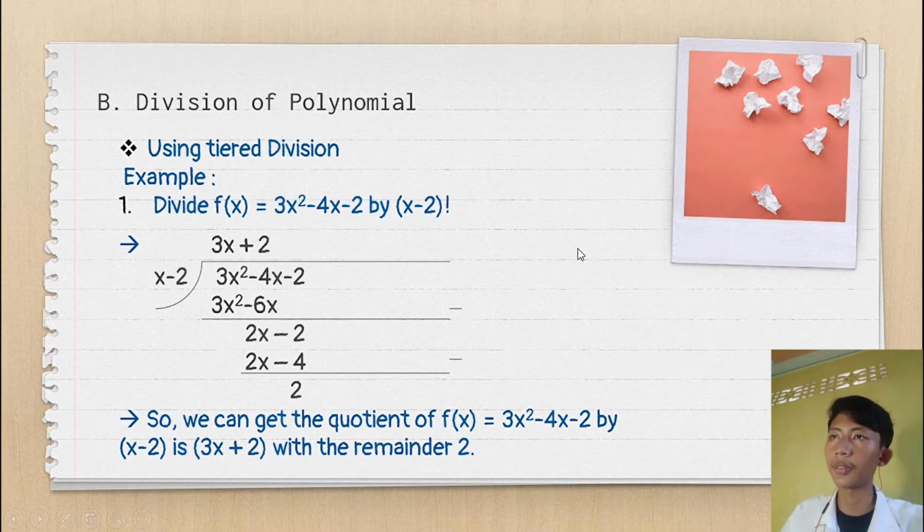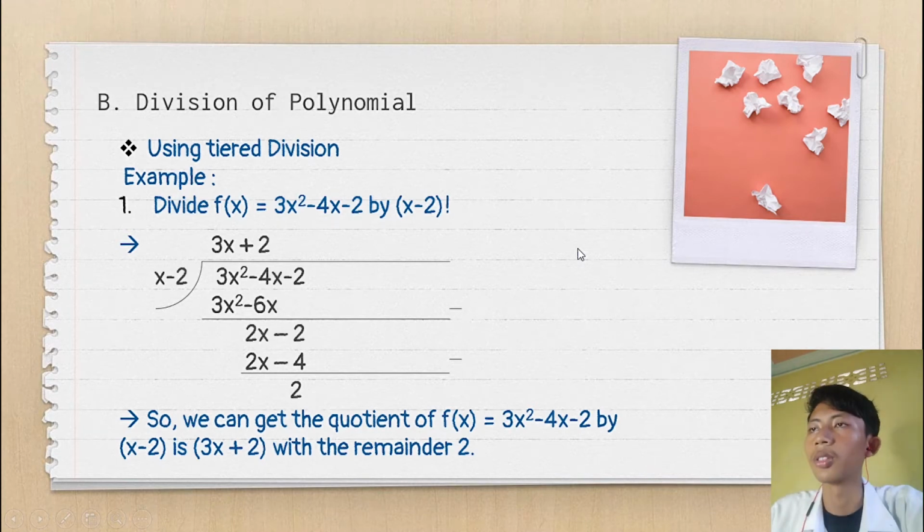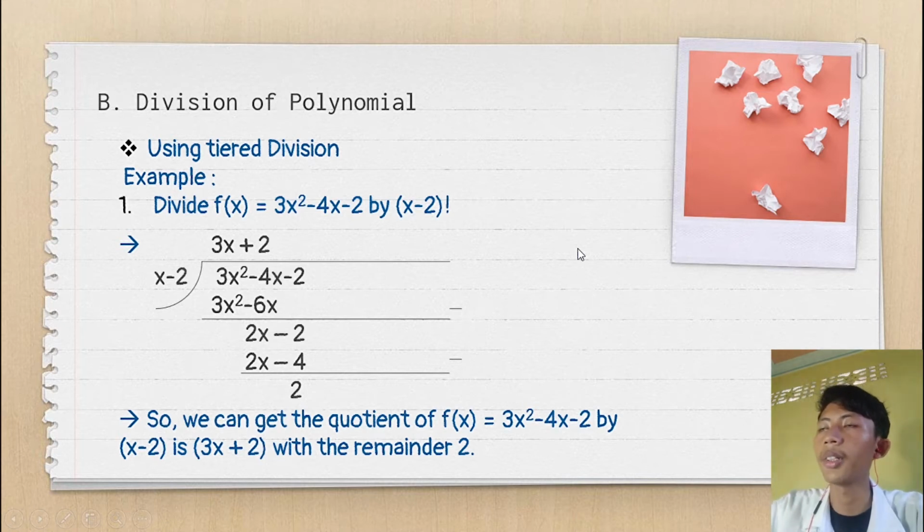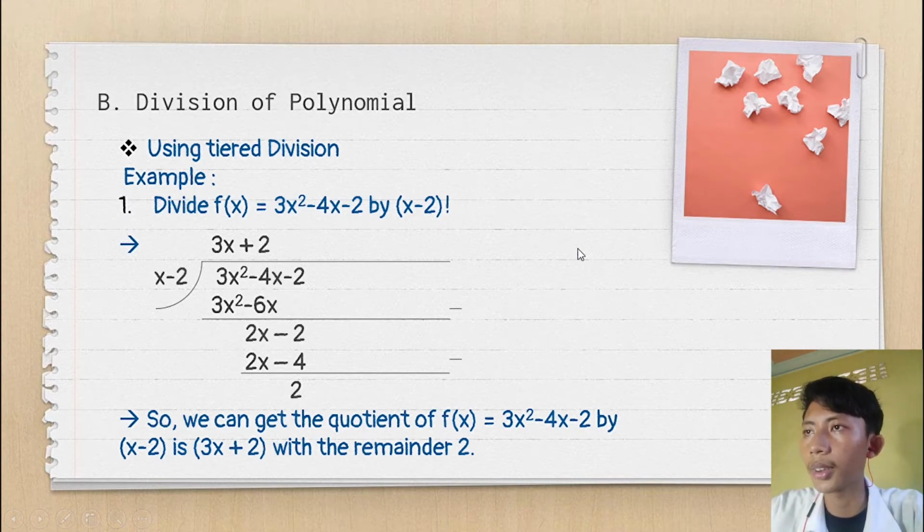And the next is division of polynomials. Firstly, using long division. Example 1. Divide f(x) equals 3x squared minus 4x minus 2 by x minus 2. We write 3x like this, and here we have 3x squared minus 4x minus 2 divided by x minus 2.